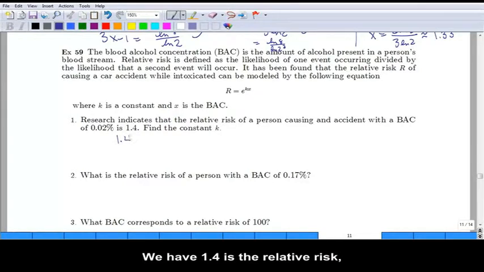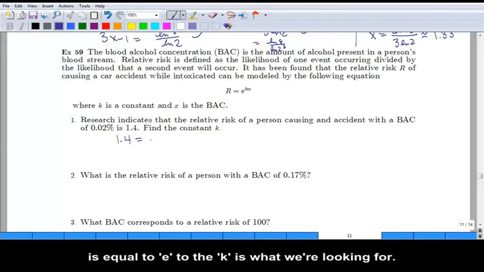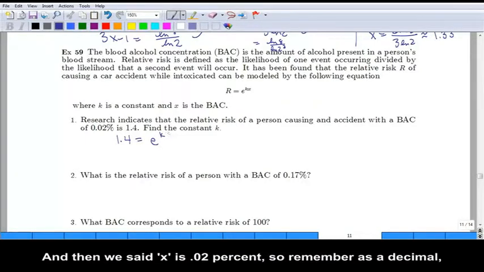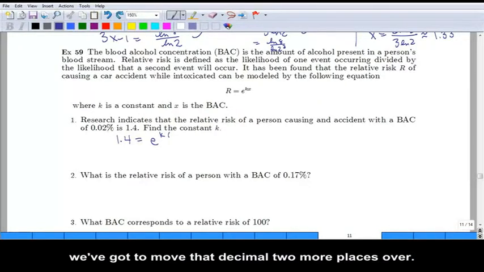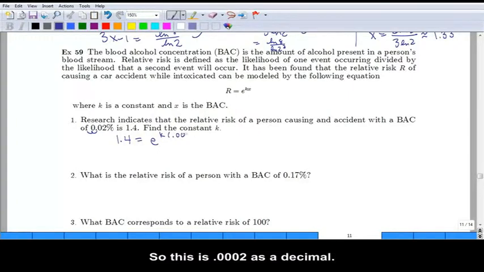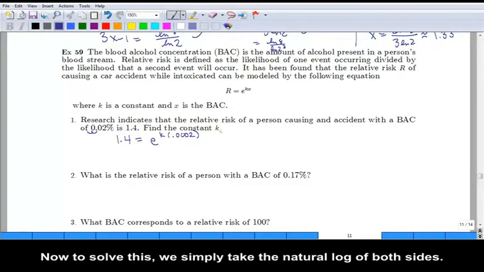We have 1.4, the relative risk, is equal to e to the k, which is what we're looking for, and then we said x is 0.02%. So remember, as a decimal, we've got to move that decimal 2 more places over. So this is 0.0002 as a decimal. Now to solve this, we simply take the natural log of both sides.